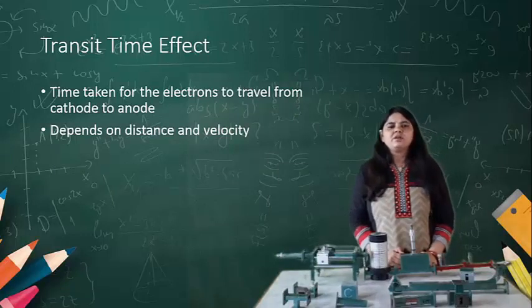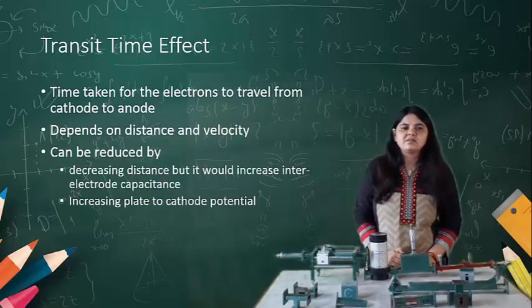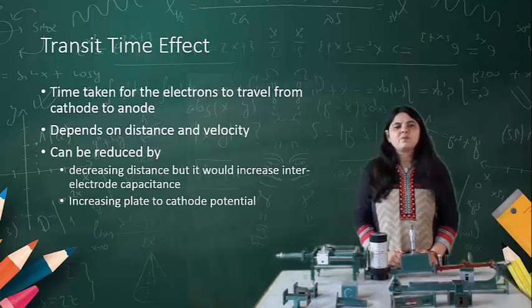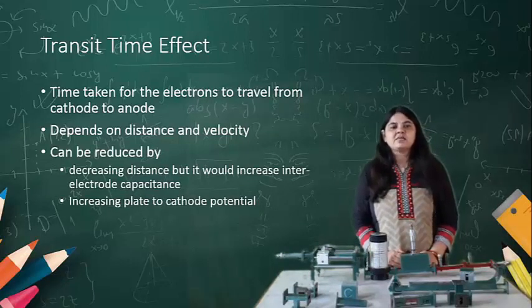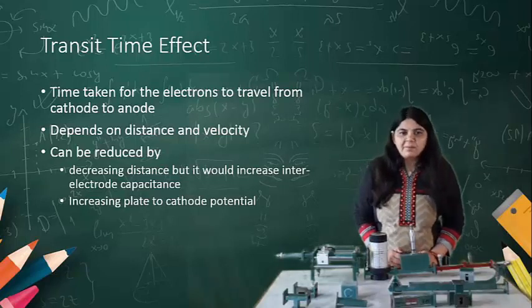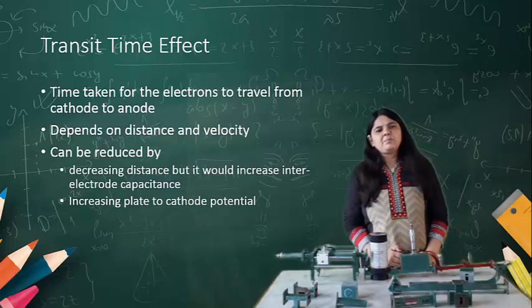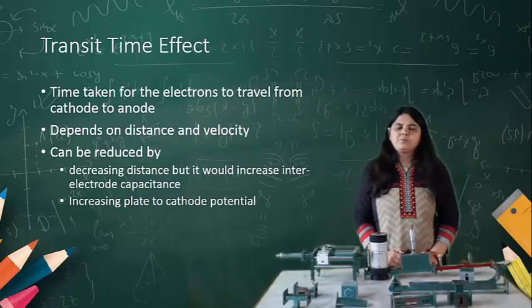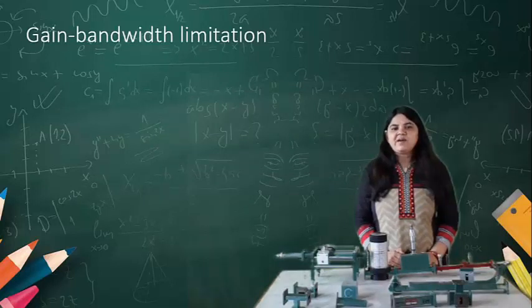Depending on the distance and the velocity, it can be reduced by decreasing the distance, but that would increase the inter-electrode capacitance, so increasing the plate to cathode potential. So this is about the transit time effect.